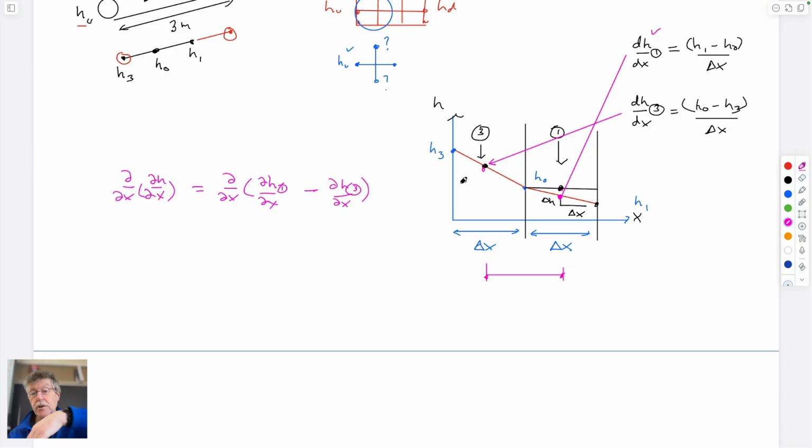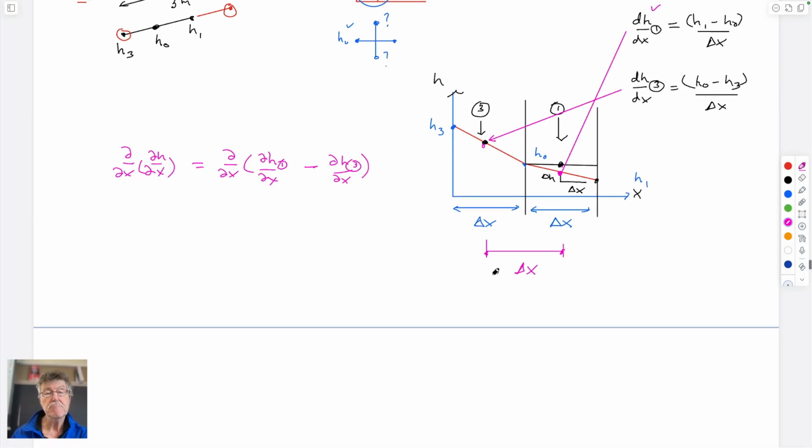So the values of these slopes at these 2 points and how they change over this length. This length is equal to delta x because it's in the middle of these divisions.